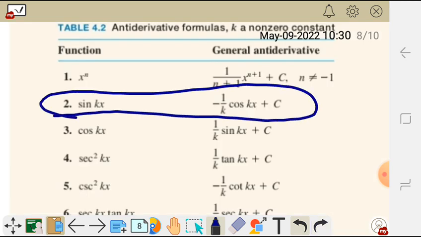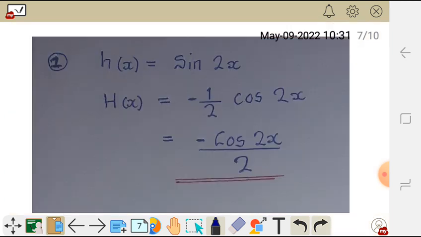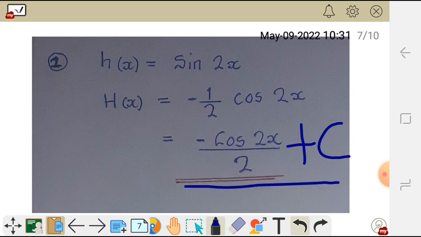It says take the constant, divide 1 by it, and then get the antiderivative of sine, which is negative cos, and then kx the way it is, and add c to that function. So this is the antiderivative of that function.